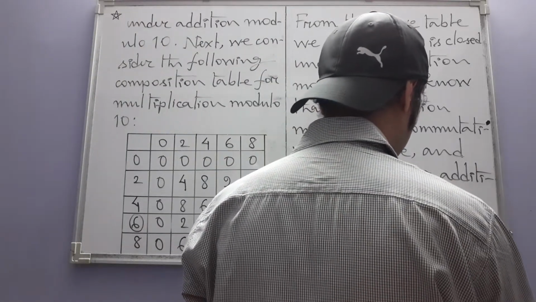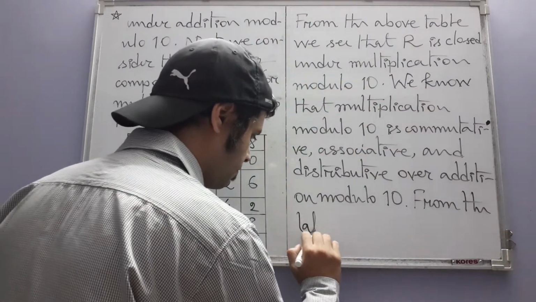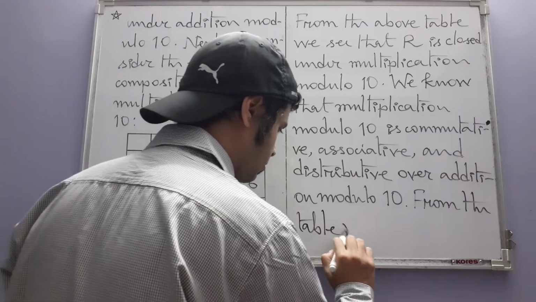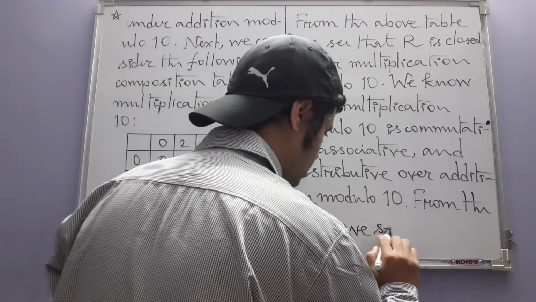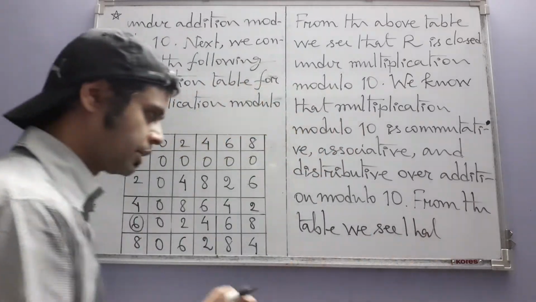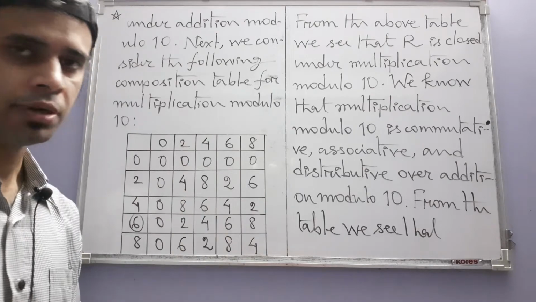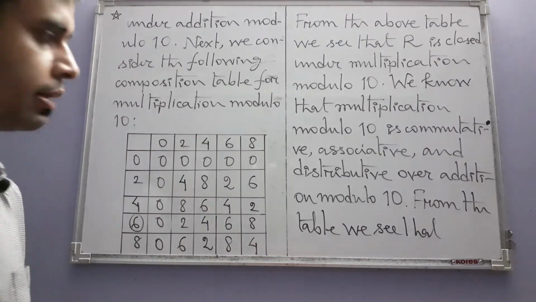From the table we see that, okay, before writing this, shall we conclude that this is commutative? I think it will be a nice idea to do that.